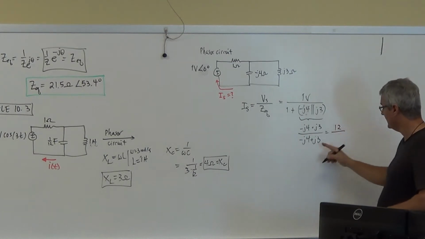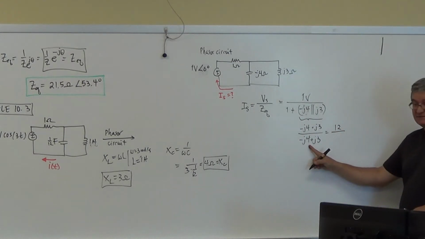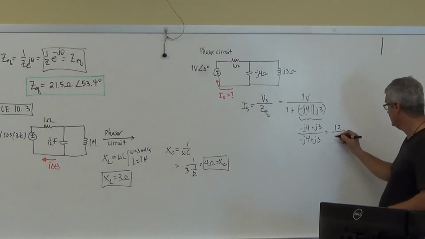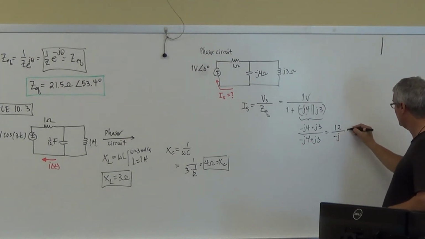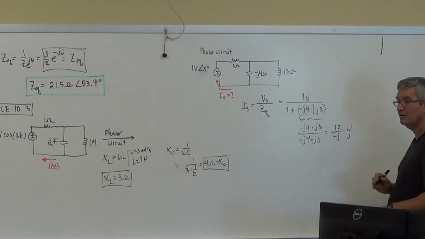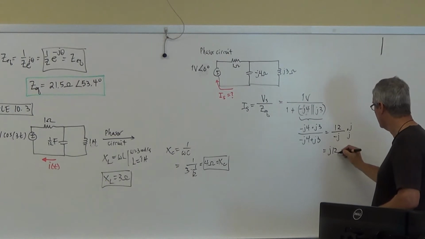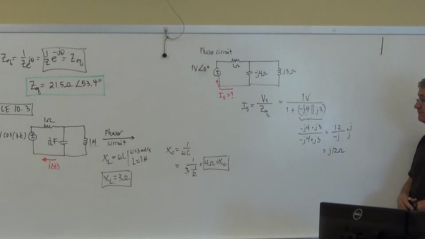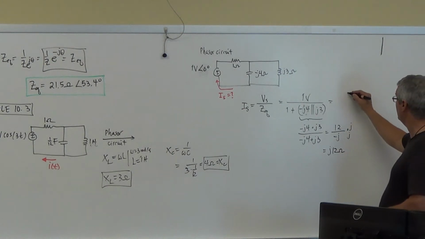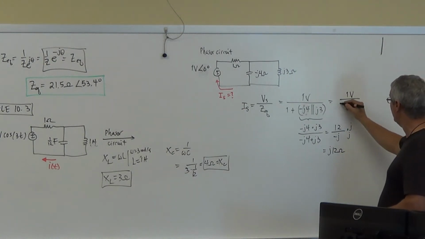Then I look at the denominator, and I see that it's minus J4 plus J3, which gives me minus J. I bring up the J, and then I have J12. So, I'm then going to have 1 volt divided by 1 plus J12 ohms.